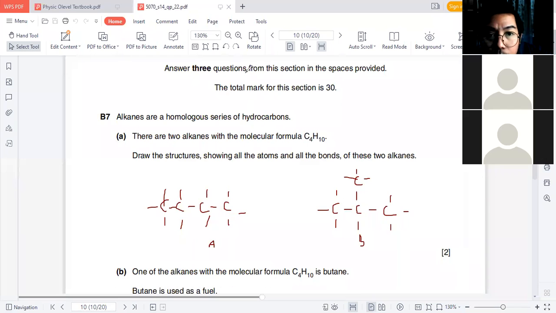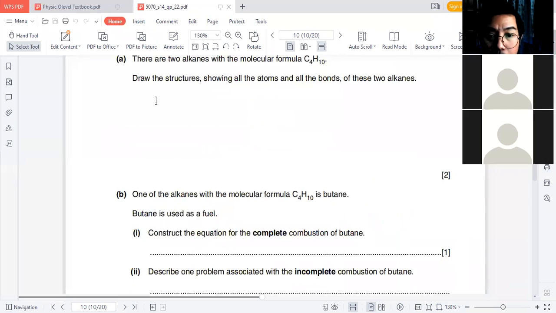Now let's move on. One of the alkanes with this molecular formula is butane. Butane is used as fuel. Now for complete combustion, remember, they would form CO2 and H2O. So you have to balance that off.